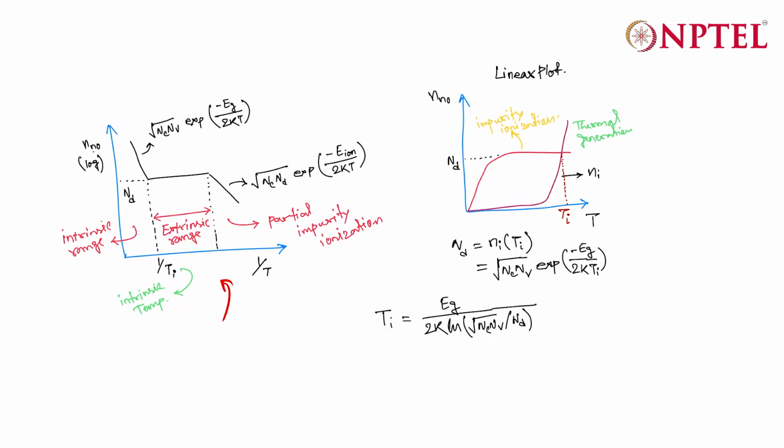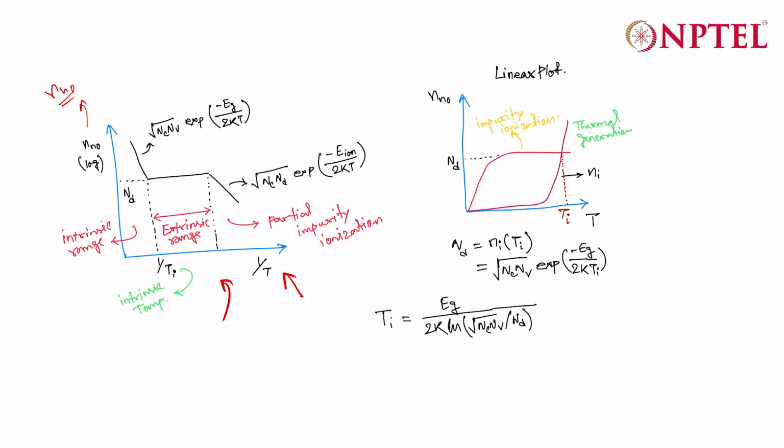In this case, the concentration of electrons is given by n0, that is concentration of electron in n-type semiconductor under equilibrium, and you have 1 by T in the x-axis. So it's like an n0 versus 1 by T plot.